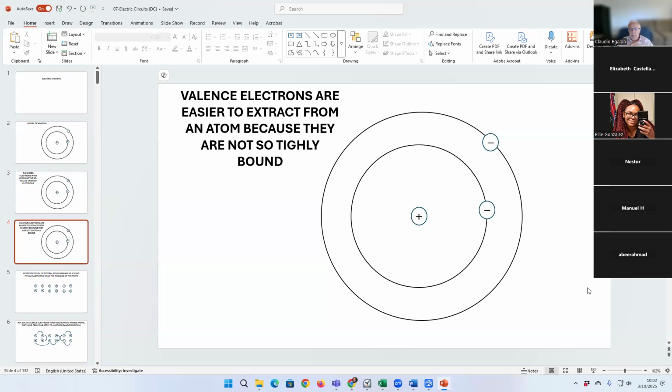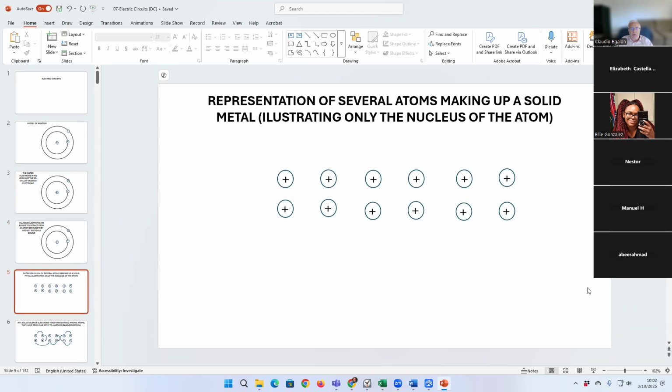But then when we put a bunch of those atoms together, like making a solid metal, like a piece of iron or a cable of copper, what we end up having is a bunch of those atoms. I didn't draw the electrons here.